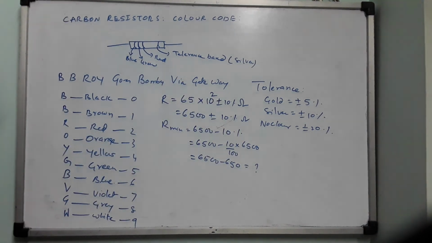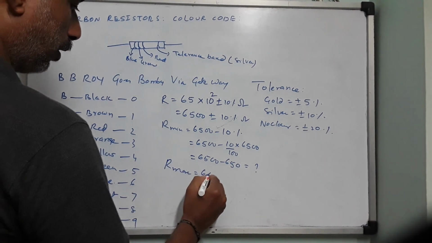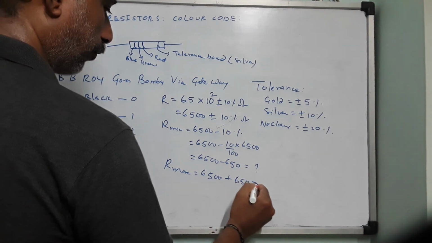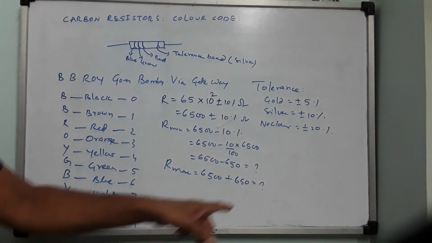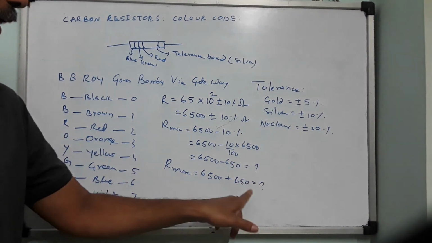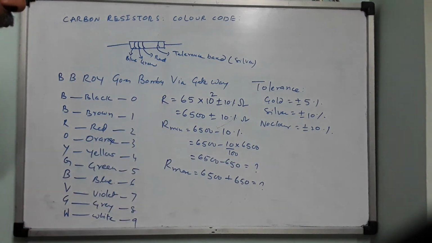This is the minimum value. What is the maximum value? R maximum equals 6500 plus 10%. That is nothing but what? 650. So it varies from this value to this value. It cannot exceed this value, and it cannot go below this value. This is called what? Tolerance.